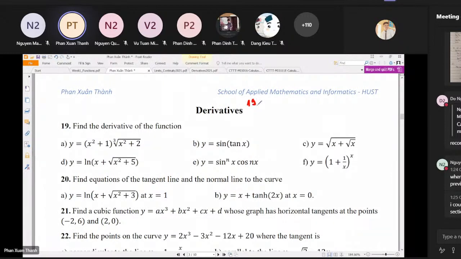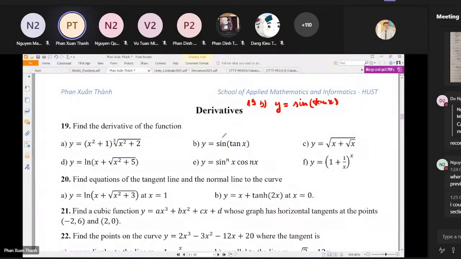For example, let's do exercise B. This is a composition of the function sine and tangent of x. So how can you differentiate the function?